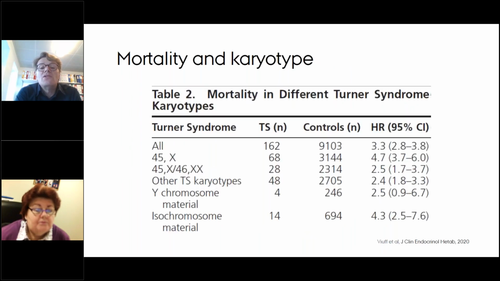And these are some brand new data that we just published this year, just showing you the hazard ratio for the different karyotypic groups, just underlining that the risk of early death when you have 45X is quite increased, with a hazard ratio of 4.7, but also in all the other groups you see an increased risk of early death.